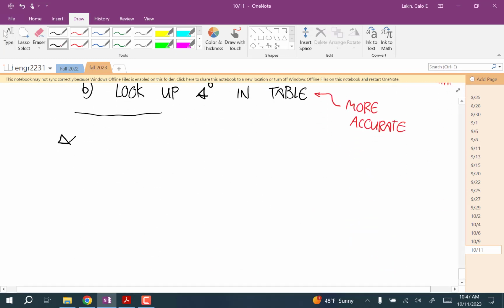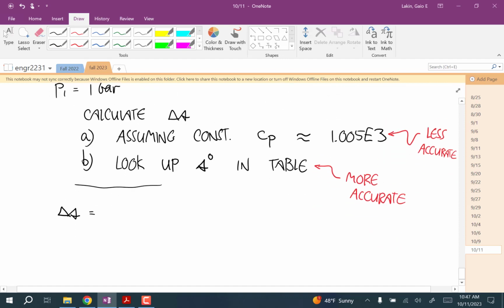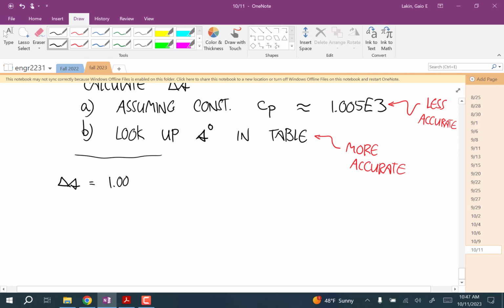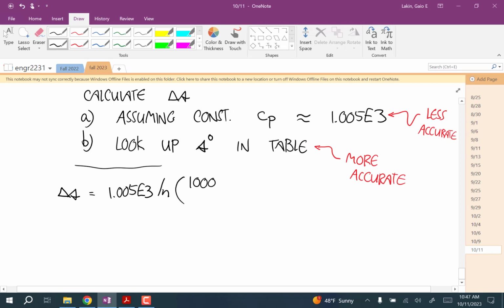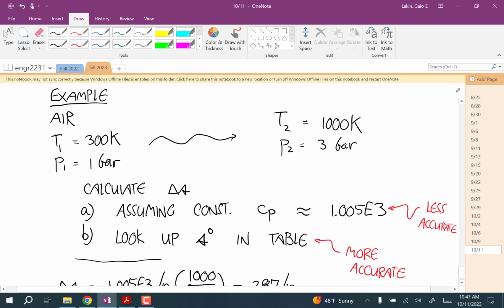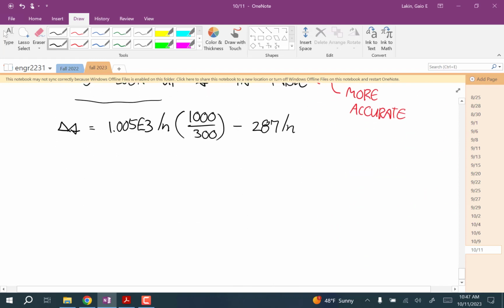So delta S is equal to 1.005 times 10 to the third times the natural log of the later temperature divided by the earlier temperature, minus R for air, which is 287, times the natural log of 3 bar over 1 bar, so natural log of 3.